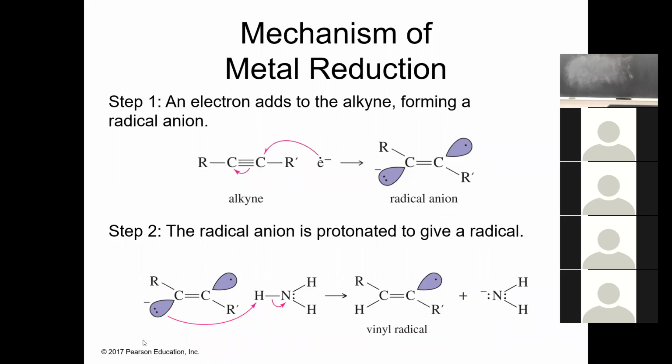All right, what happens next is that the lone pair with the negative charge then grabs a proton from ammonia, which is the solvent, and that gives us this vinyl radical. And then the last two steps are a repeat.